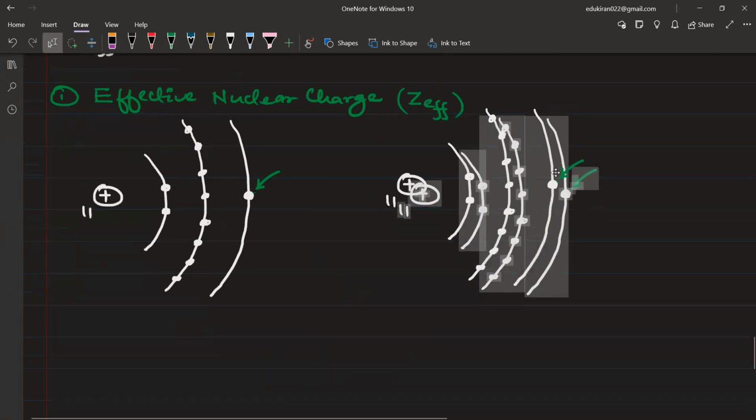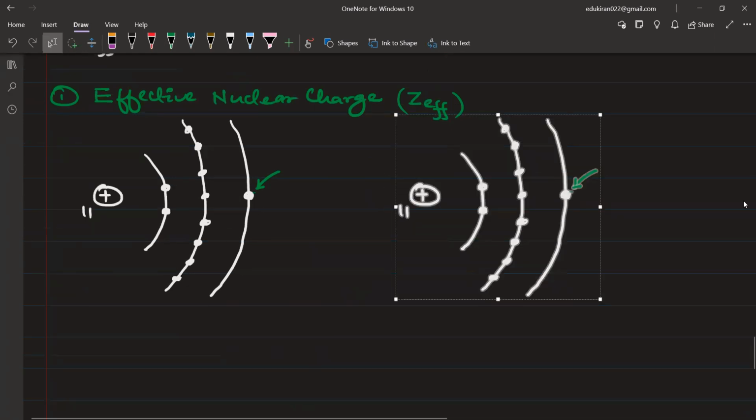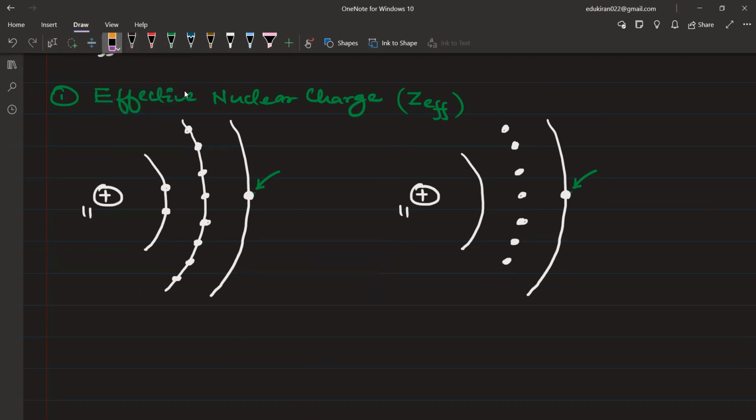Now, we have two different situations here, A and B. The difference in these two situations is that we don't have the inner electrons in the B case. So here we have the A case, and here we have the B case.